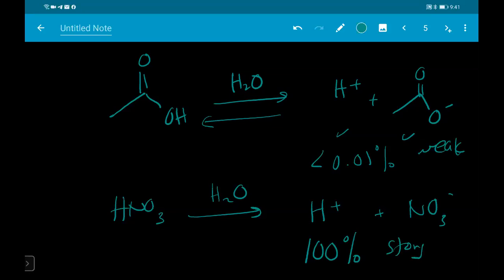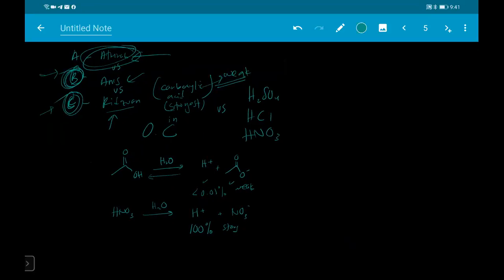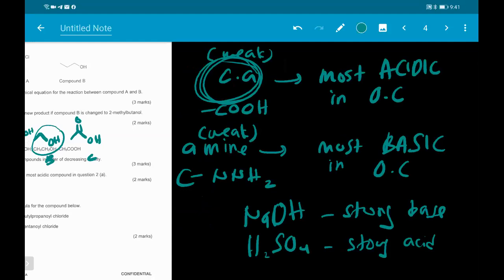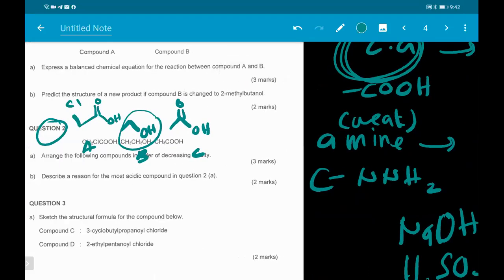Itu saja nak highlight pasal strong acid and also weak acid. Just to explain about just now, kenapa kita melalui sampai ke sini? Go back tadi. You should know that carboxylic acid is the strongest one. If we compare it with alcohol, kita tahu ini adalah more superior.